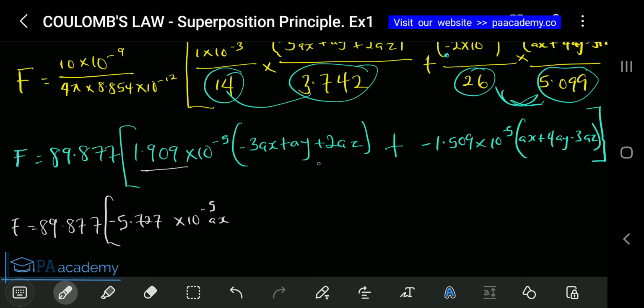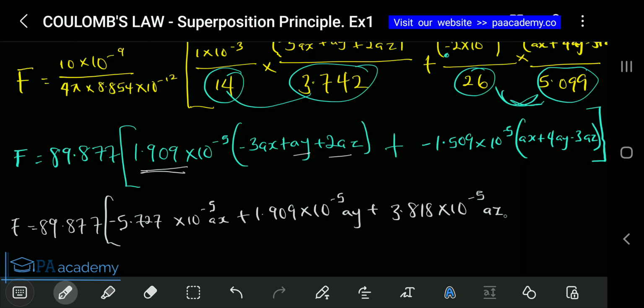So if I also use this to multiply AY, that would be plus 1.909 times 10 raised to the power minus 5 AY. Then if I also use it to multiply 2, that would be plus 3.818 times 10 raised to the power minus 5 AZ.